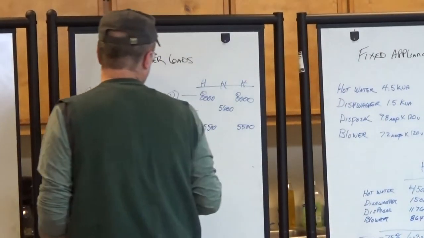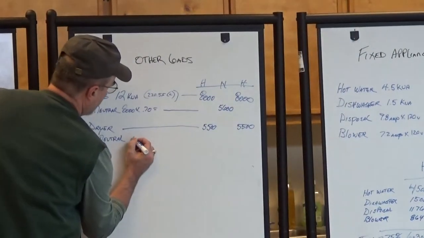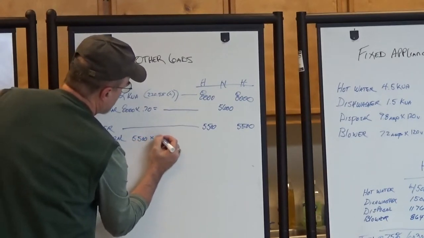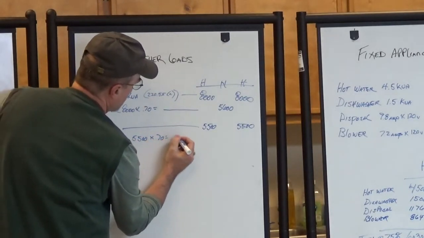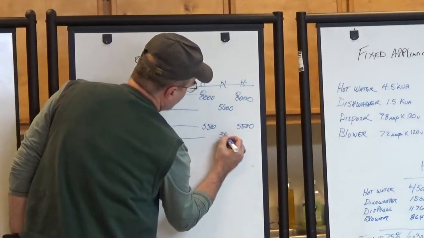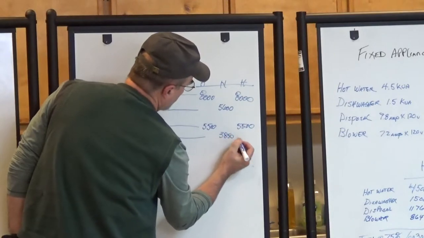And so 5,500 times 70%, 3,850. Yes, sir. Okay?